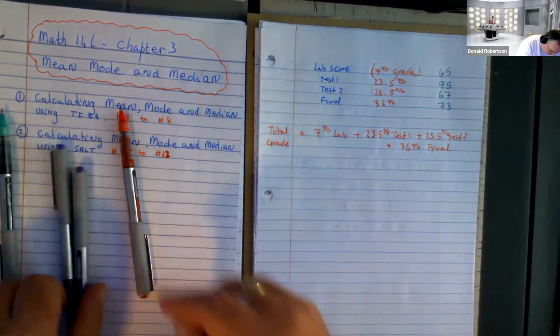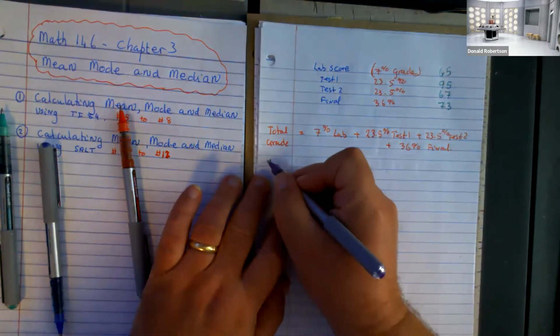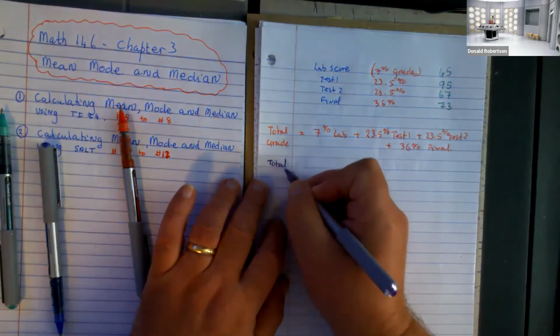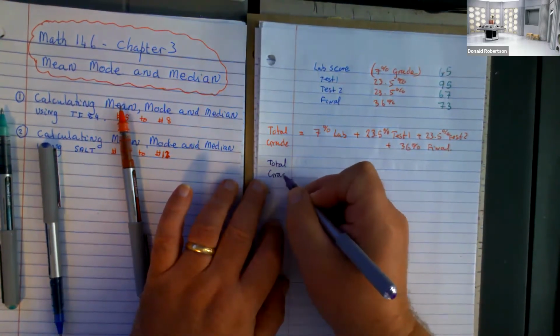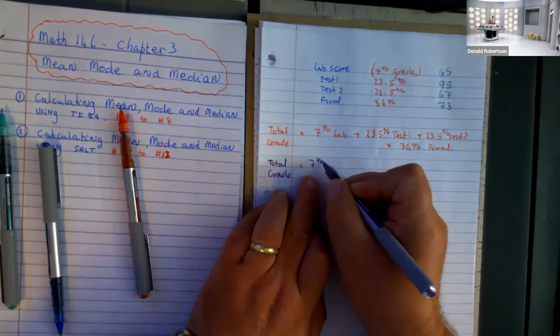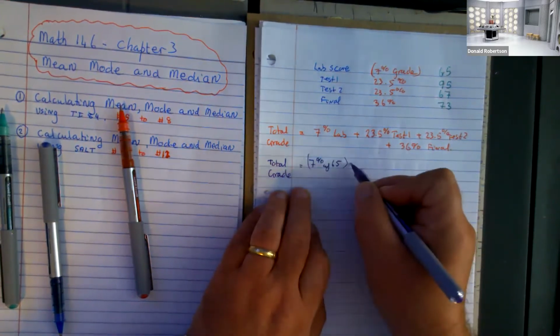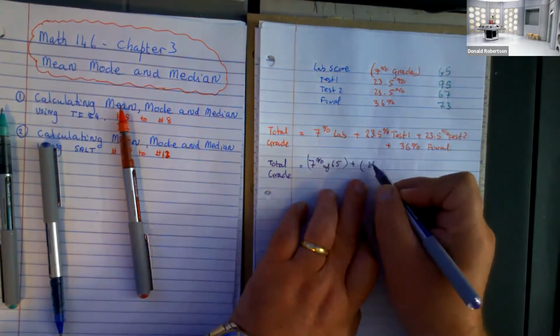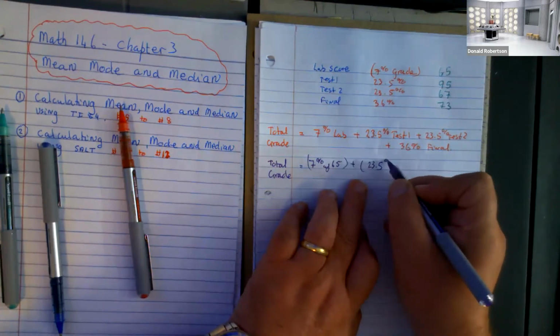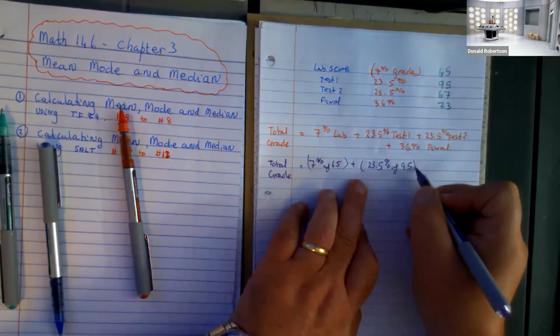Okay, so let's see what this particular person is going to get. It's going to be 7% of 65. Then you add 23.5% of 95.